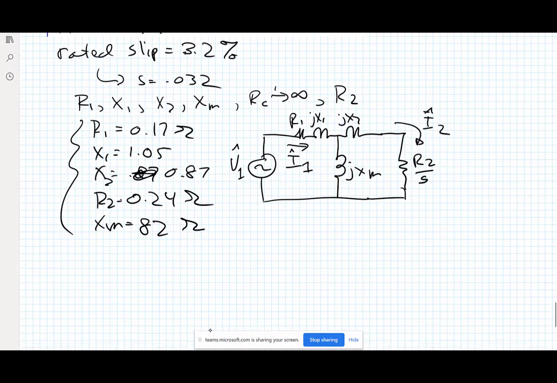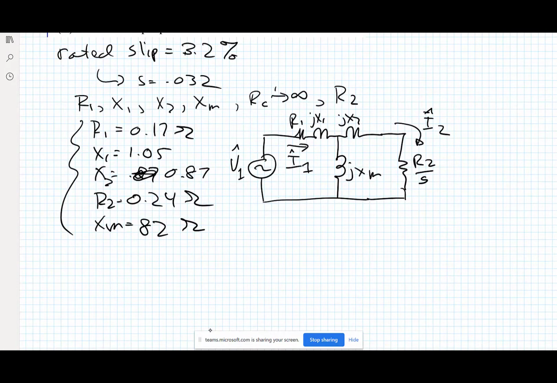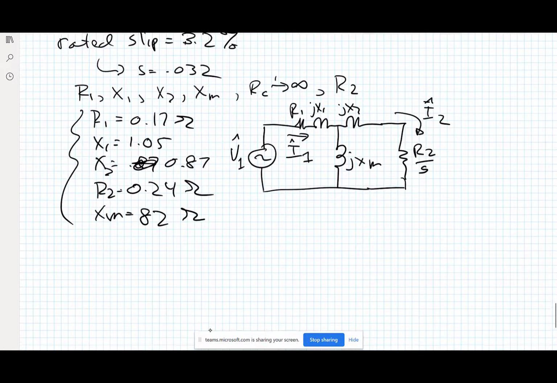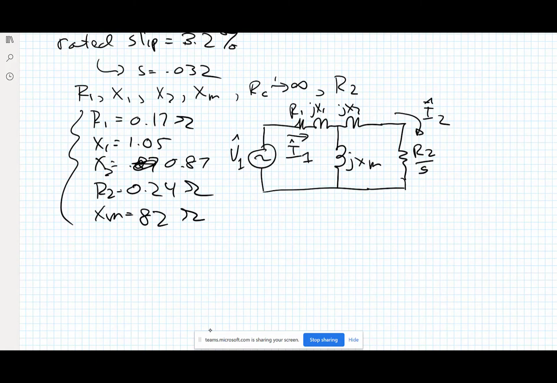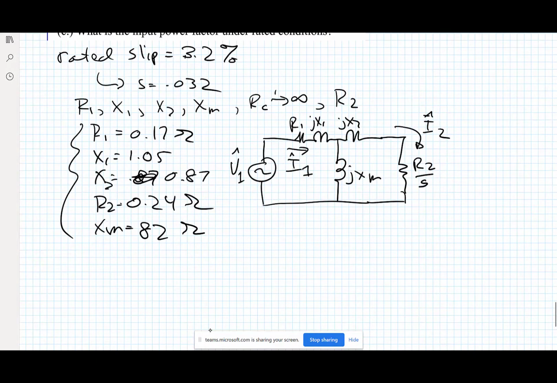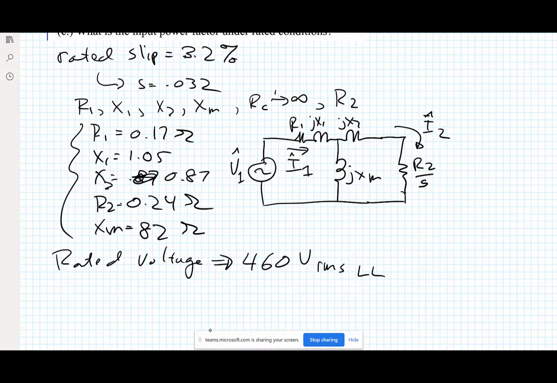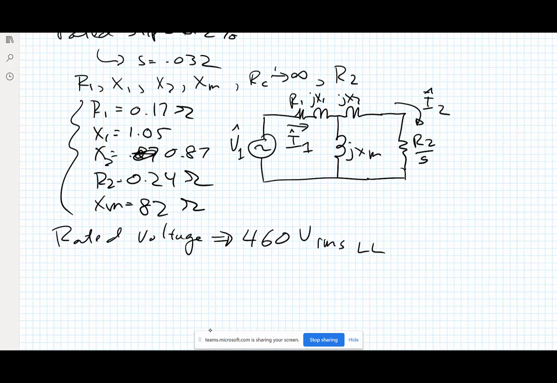So how do I go about solving this problem? Well, I have to use phasor math, obviously. I'll give you the rated voltage. It's always given to you line to line: 460 volts RMS, line to line, and 60 hertz is the frequency.